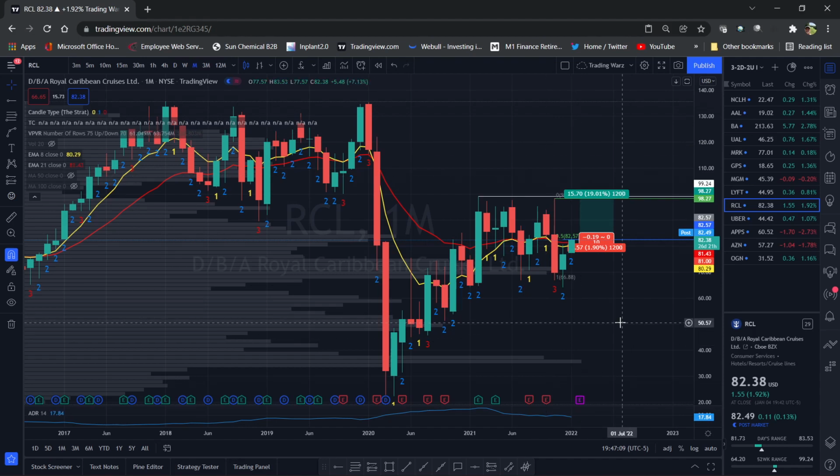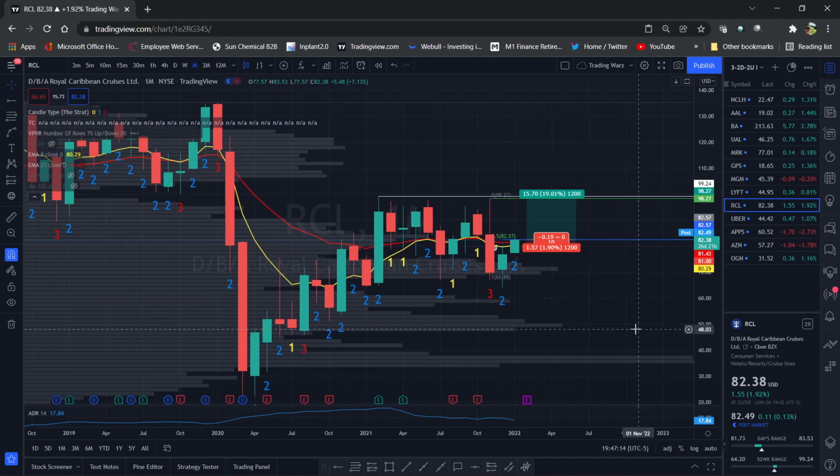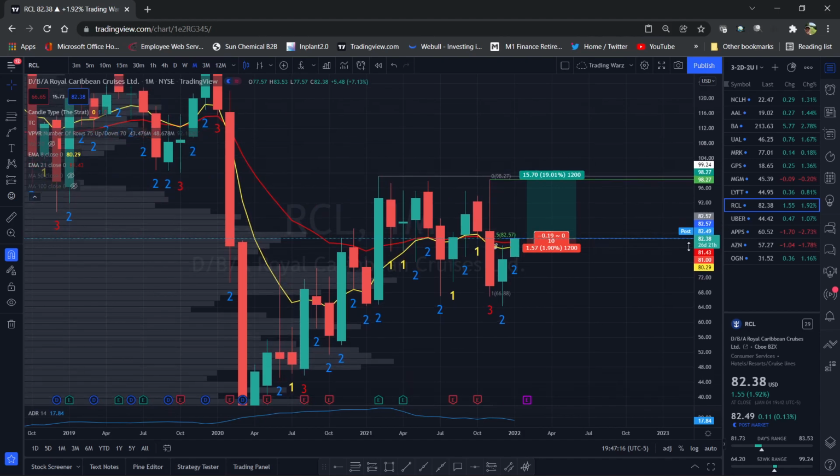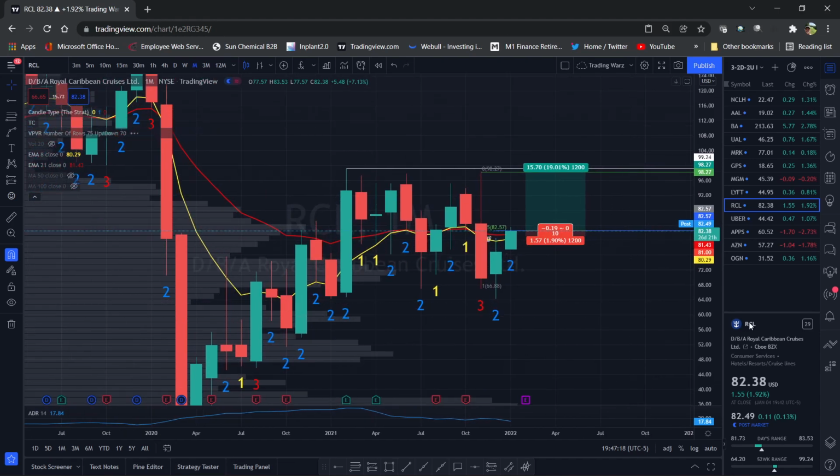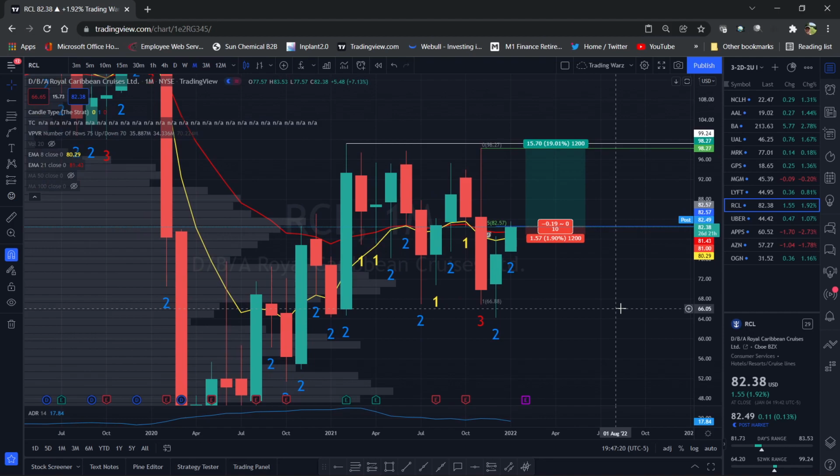Okay, so for RCL Royal Caribbean, I did take a position in this one as well. It did hit my target, and it stayed above it. I think on the 15-minute I was watching when I entered it, but as you can see, it did pull back.